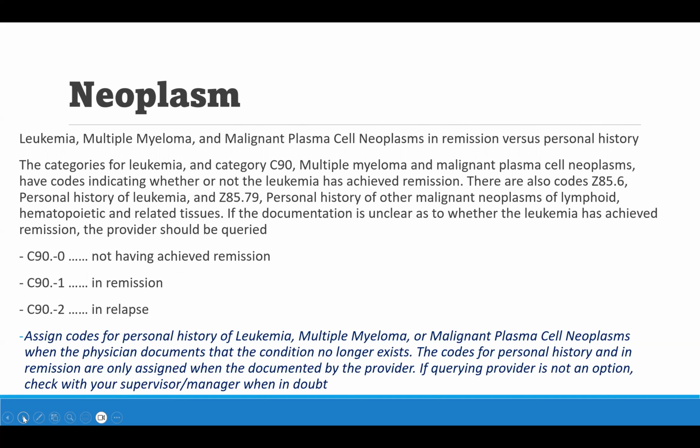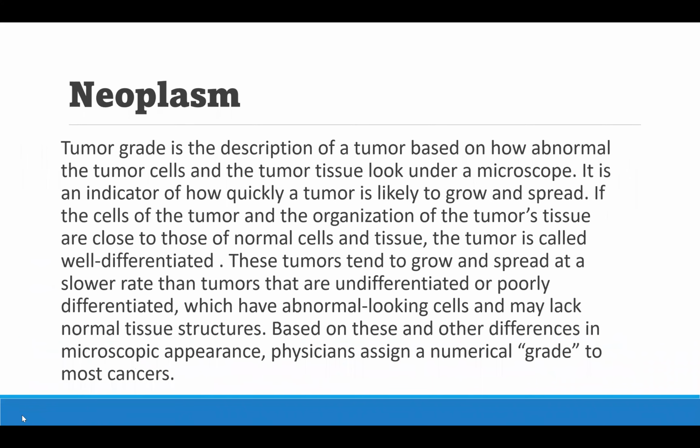Okay. Some information on leukemia, multiple myeloma, and plasma cell in remission versus history. And you can go back and read this in the PDF. That does not necessarily require my narration or my input. And if there are questions, we can always address that in a subsequent Neoplasm session.